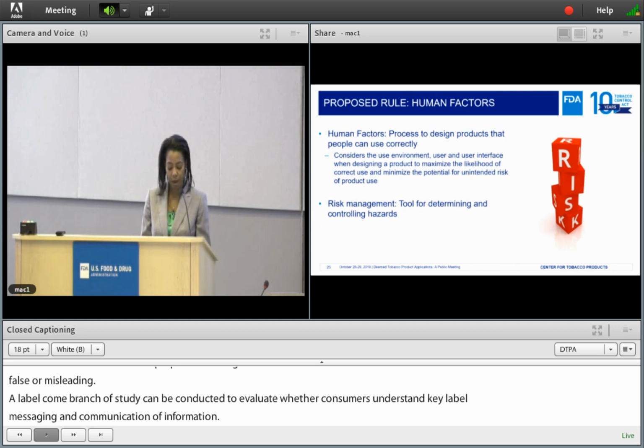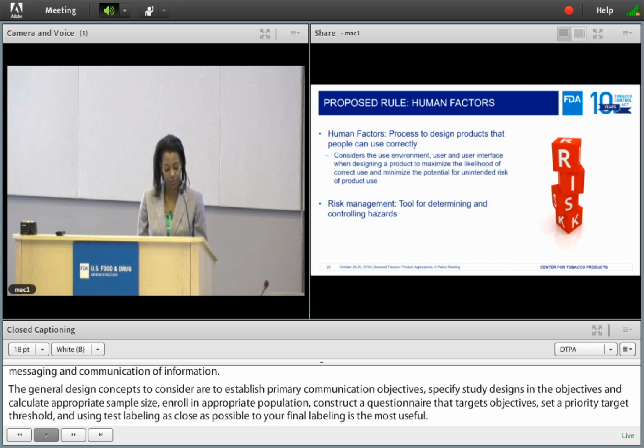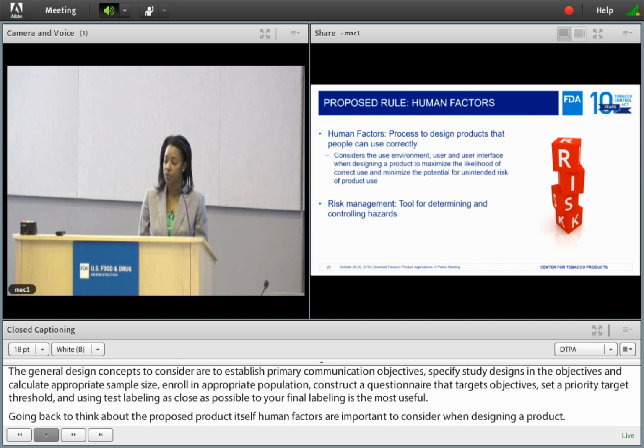Going back to thinking about the proposed product itself, human factors are important to consider when designing a product. Human factor considerations assess if users will be able to operate the product appropriately by focusing on the interactions between the people and products.